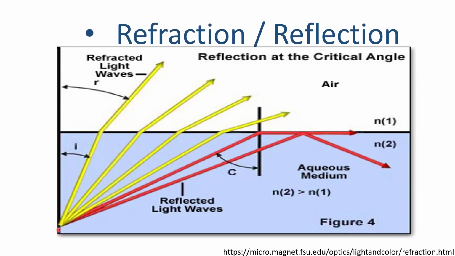We choose that to be the zero. If we start increasing the angle of incidence, then the light is going to get refracted, which means it's still going to penetrate the interface and go on the other side.